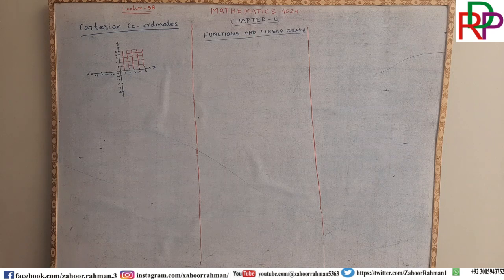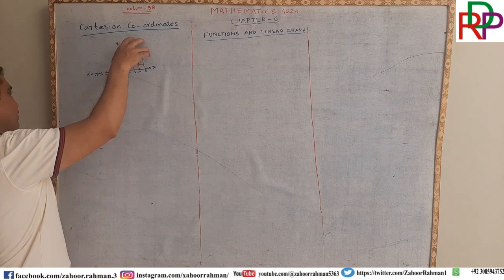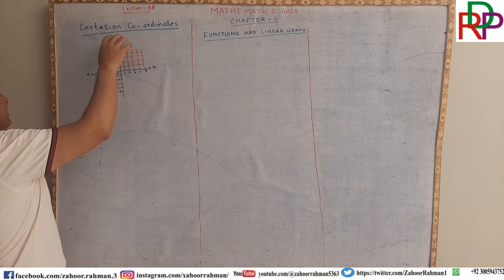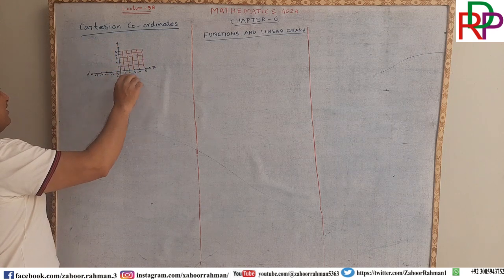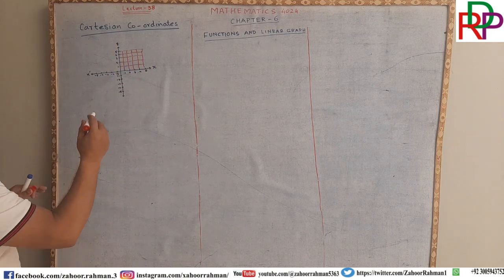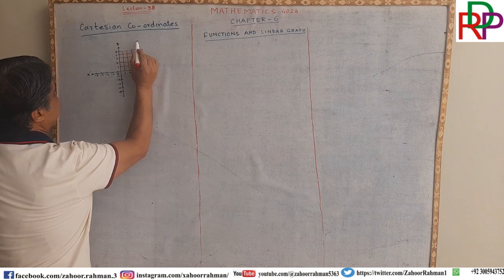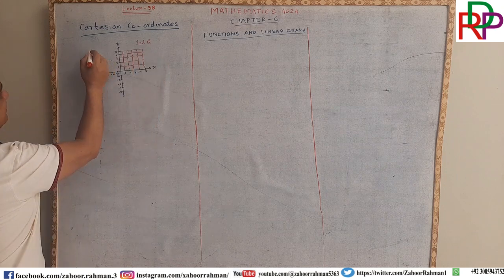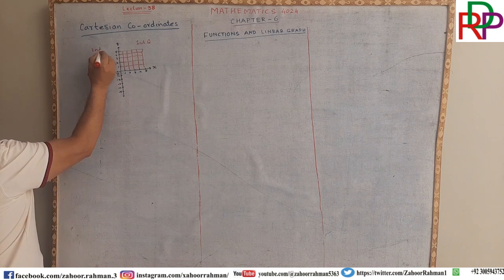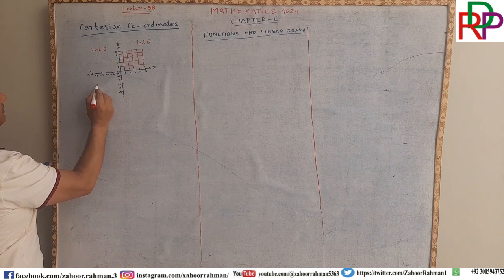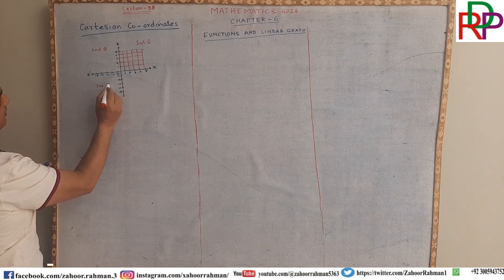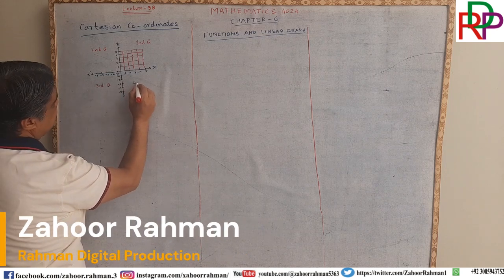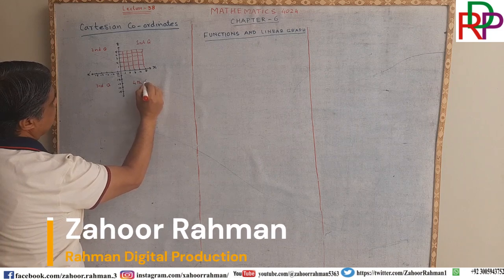Ladies and gentlemen, there are 4 quadrants inside this Cartesian coordinate system. This is called first quadrant. This is called second quadrant. This is called third quadrant. And this is called fourth quadrant.